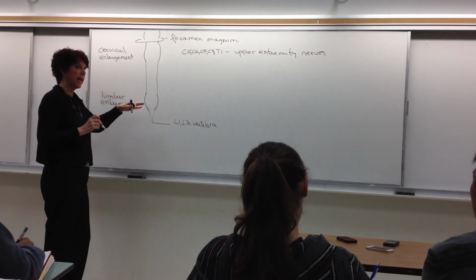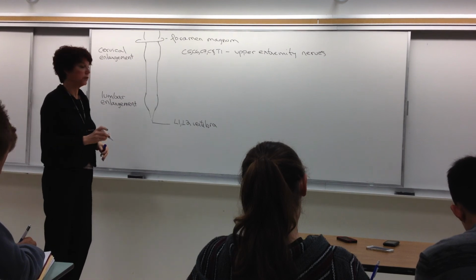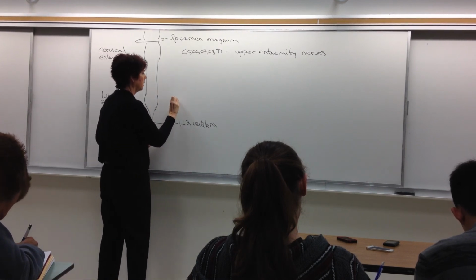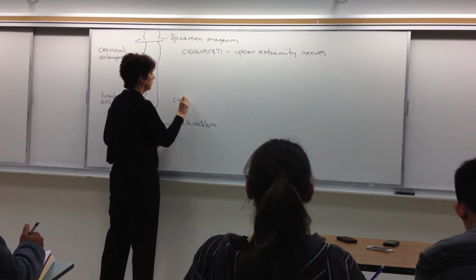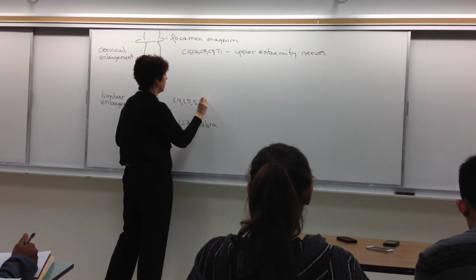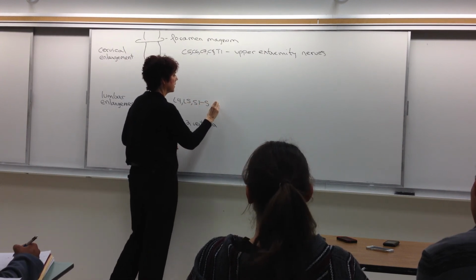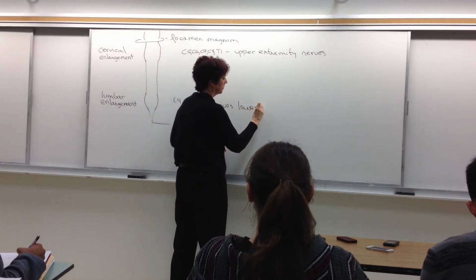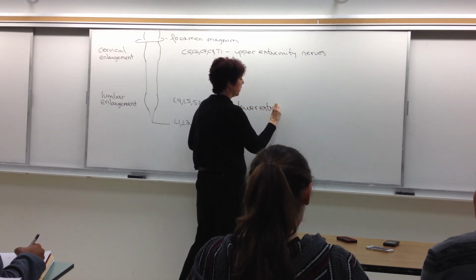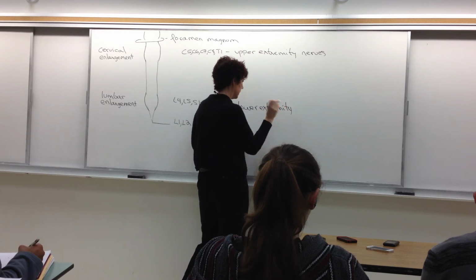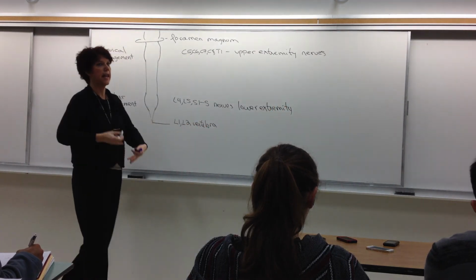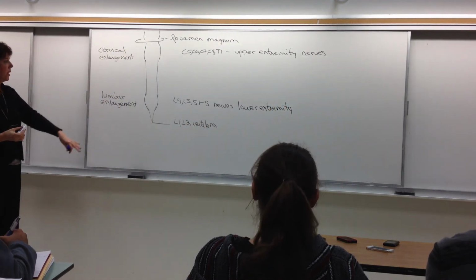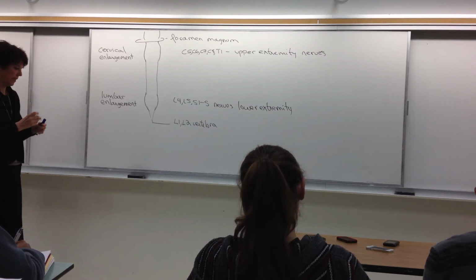And this is because our lumbar nerves and our sacral nerves, so L4, L5, S1 through S5 nerves, are going into the lower extremity. And so the motor cell bodies of the motor neurons and that additional sensory input creates that. Okay.